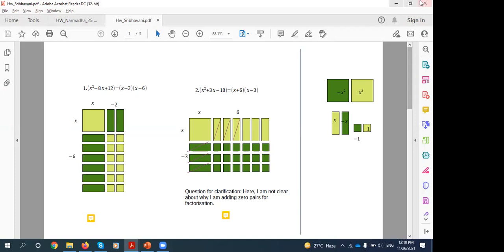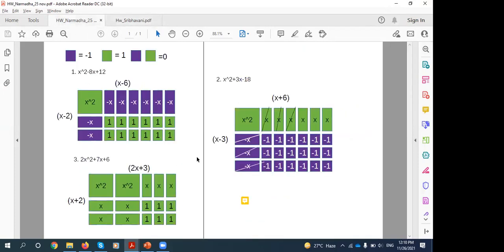But if I see something like this, then there is more chance that somebody who has done it has used the tiles. You can see the zero pairs and all those things. I'll come back to this question. Or if you see this, there is a very clear thing that the connections are very clearly shown here.